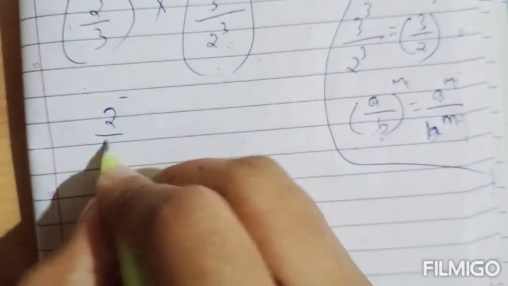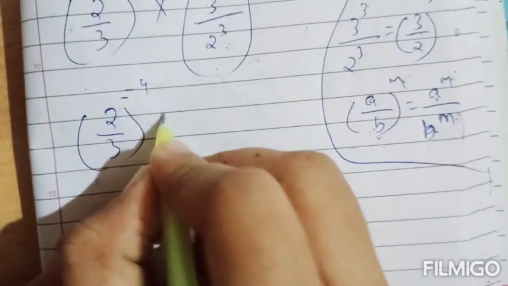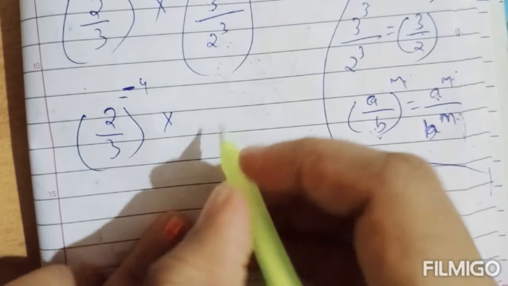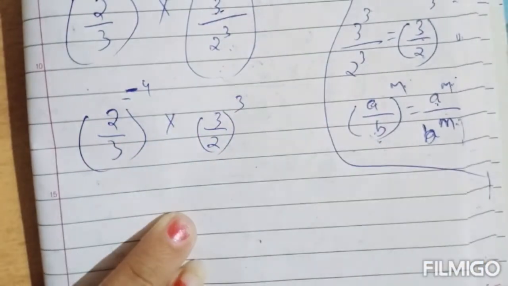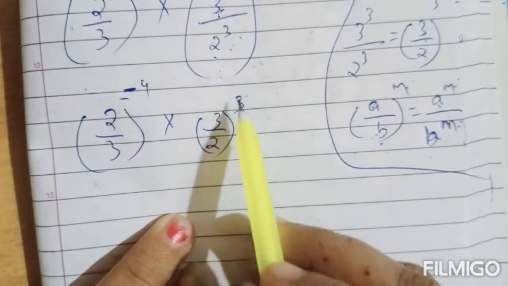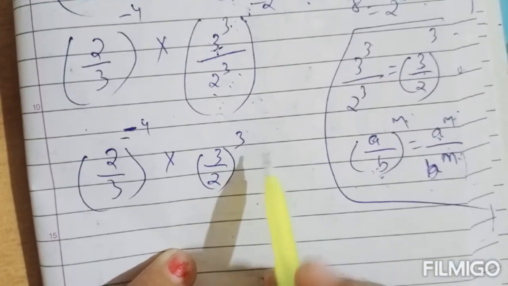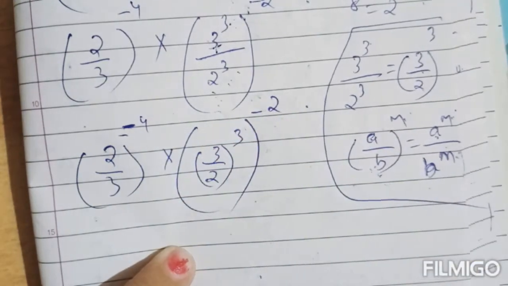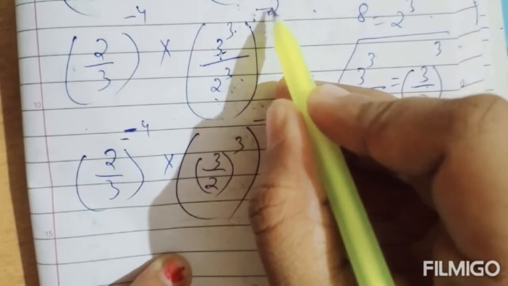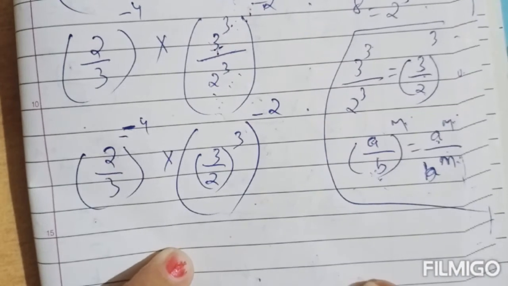So (2 by 3) whole raised to minus 4 into ((3 by 2) whole cube) whole raised to minus 2. Okay, here one raised to minus 2 is there, that you should write.